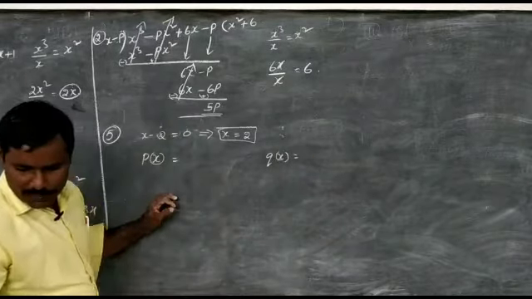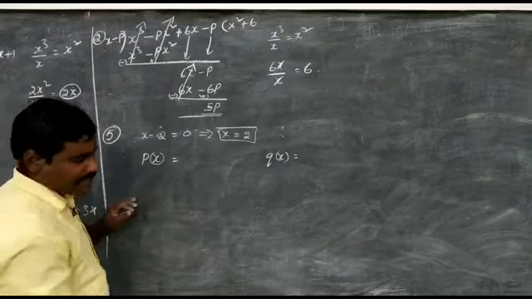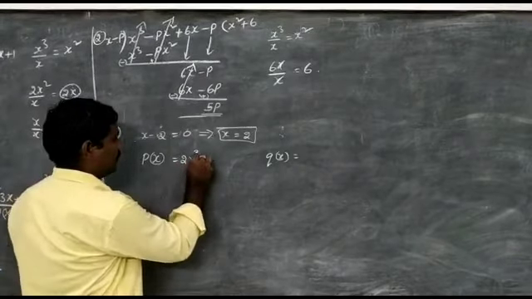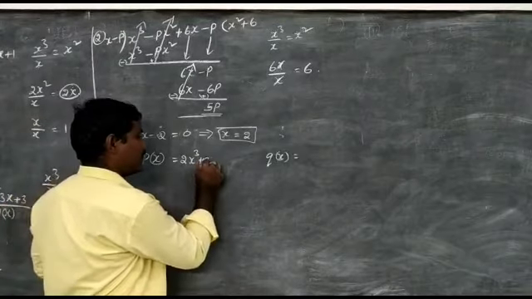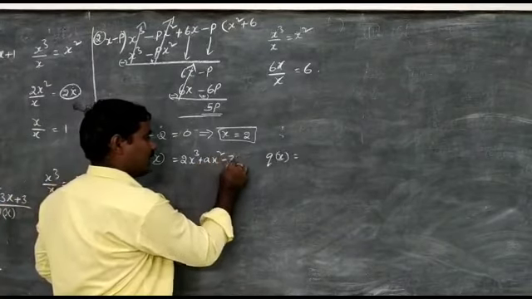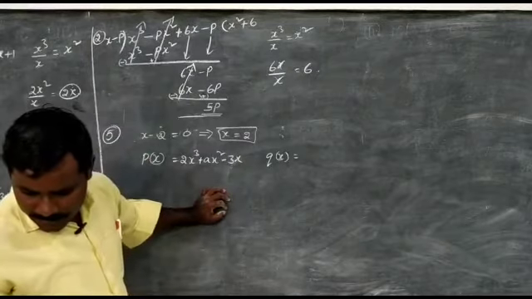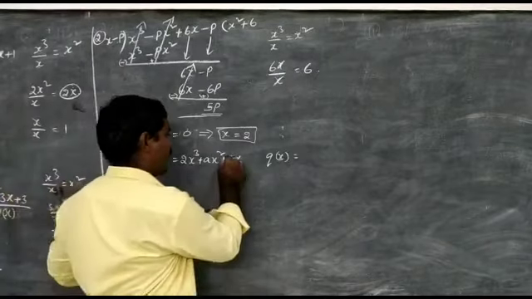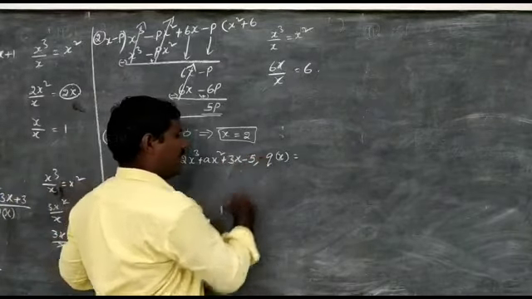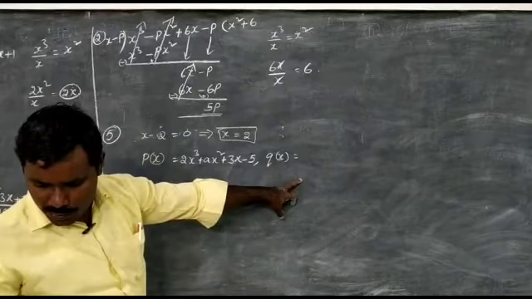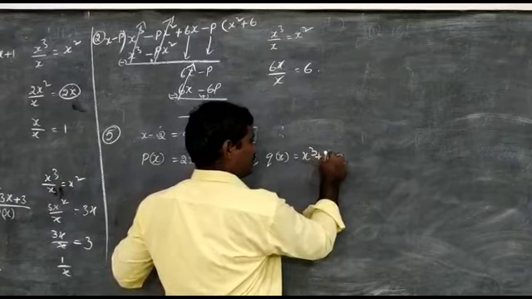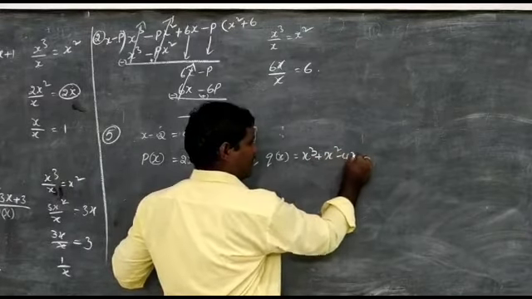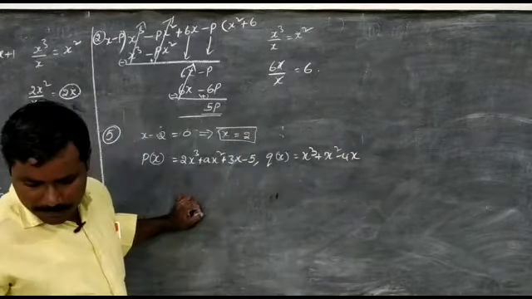What is the first polynomial? p of x is x cube plus ax square plus 3x minus 5, and the second polynomial q of x is x cube plus x square minus 4x plus a.